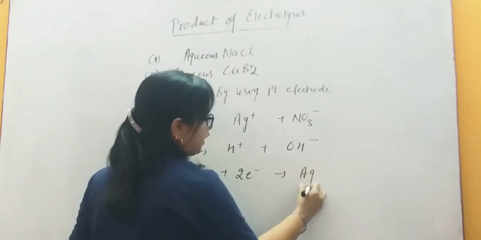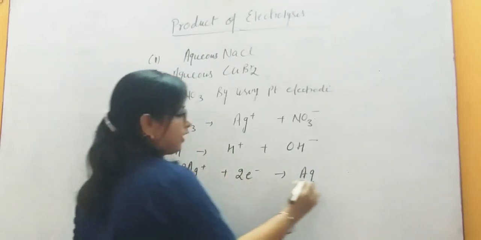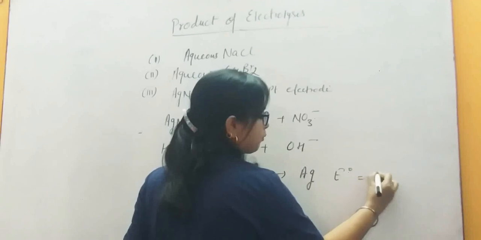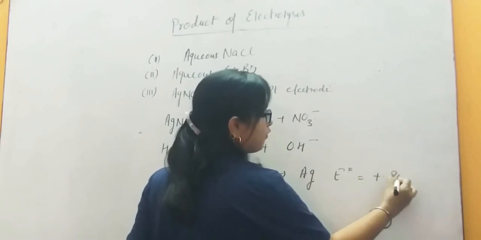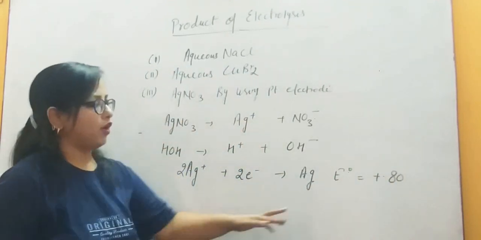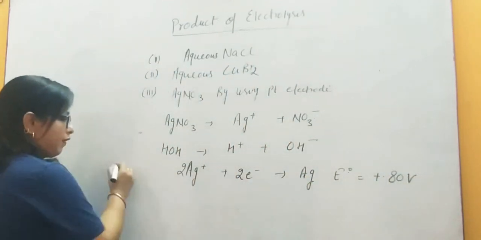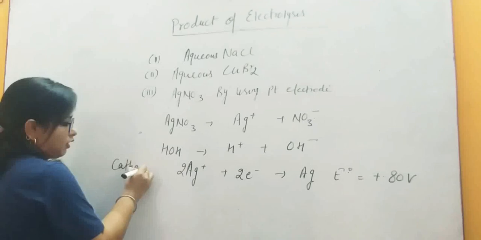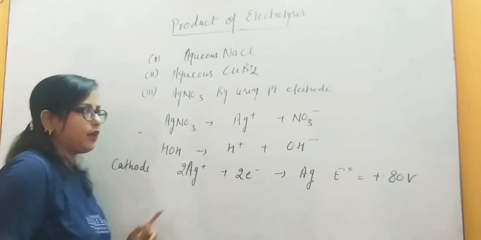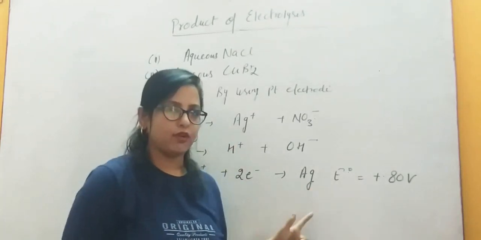So it is converted into Ag very easily due to its high reduction potential value in comparison of hydrogen.